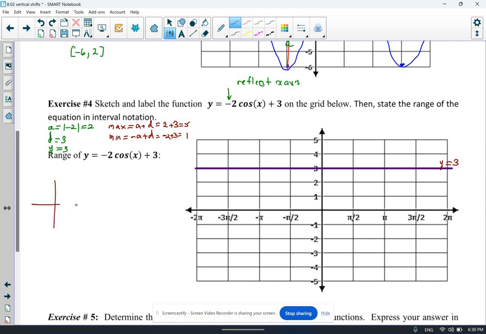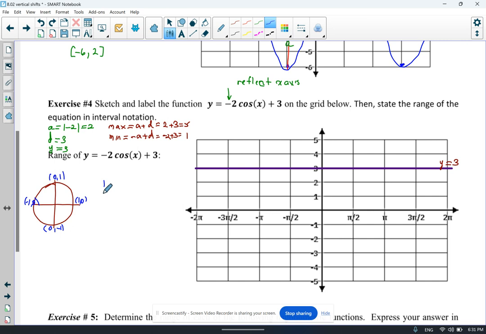Okay. What's the normal pattern for cosine? Well, again, everything is based on this unit circle. So cosine, think the x-coordinate. So typically you would graph 0, 1.